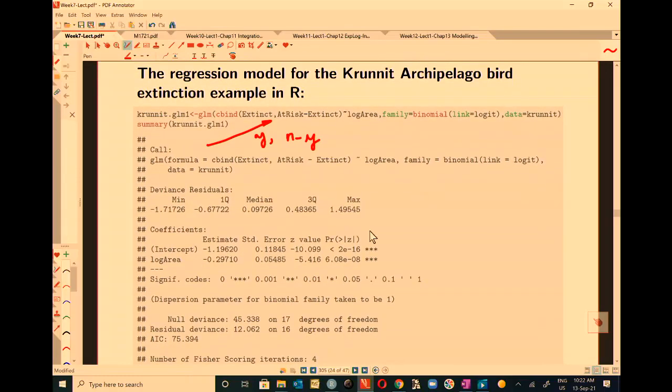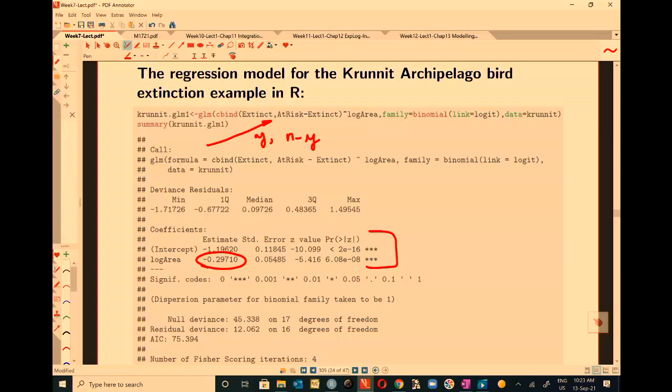And you can see by the usual output that I've got an intercept that's significantly different from 0, and I've got log area that's also significantly different from 0. By looking at the particular coefficient straight away, I can see that the dependence on area is negative, which means the odds of extinction decline as the area increases. I'll say it again.